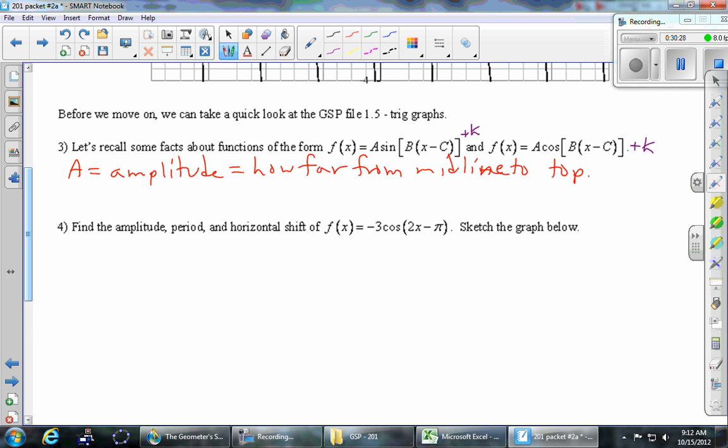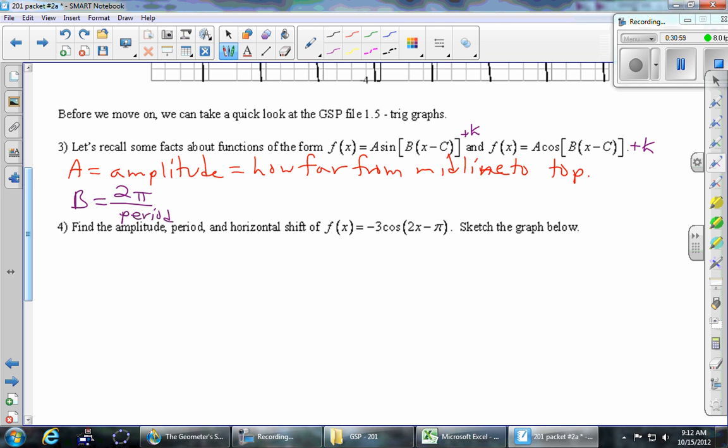Okay, what about B? B has to do with the period. B has to do with how the graph has been stretched horizontally or compressed horizontally. And B is always given by this nice little formula. It's 2 pi divided by the period. I say always.